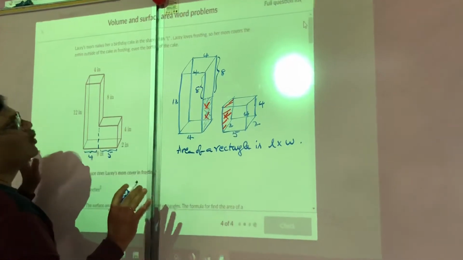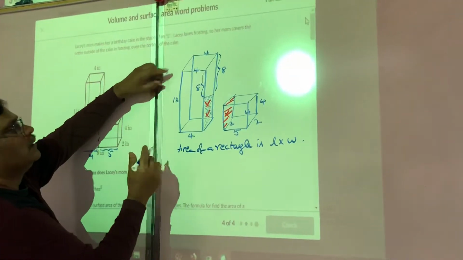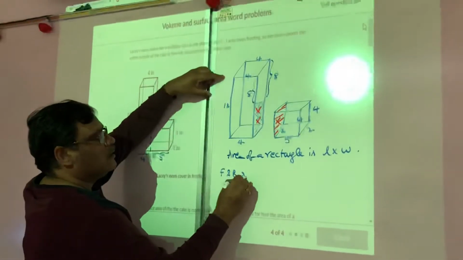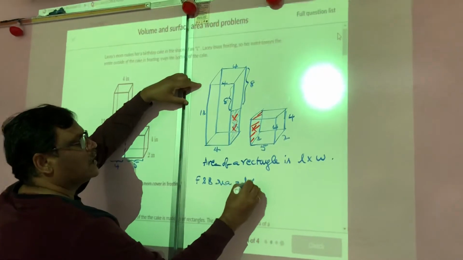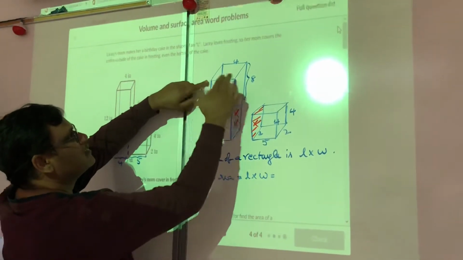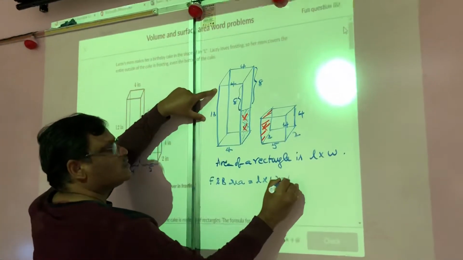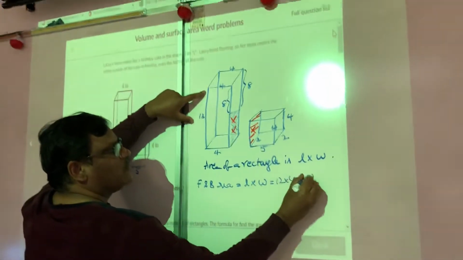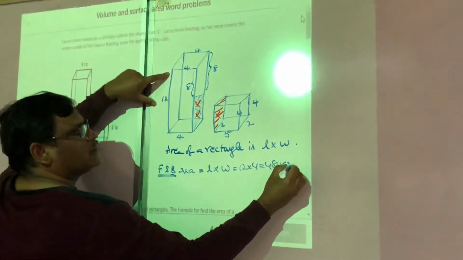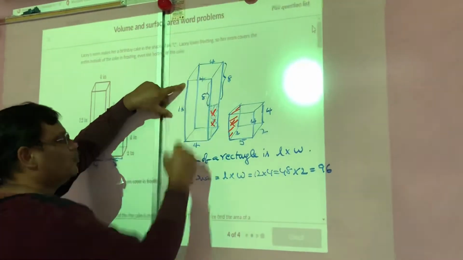So now let me go by calculating first this figure's surface area. Front and back areas equal length times width. The front area is the rectangle area with the dimensions 12 and 4. So 12 times 4, which is 48. Since it is front and back, double it, which is 96. Next, let me come to top and bottom.